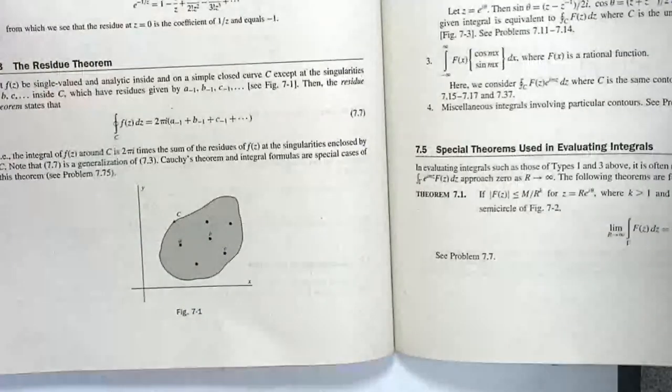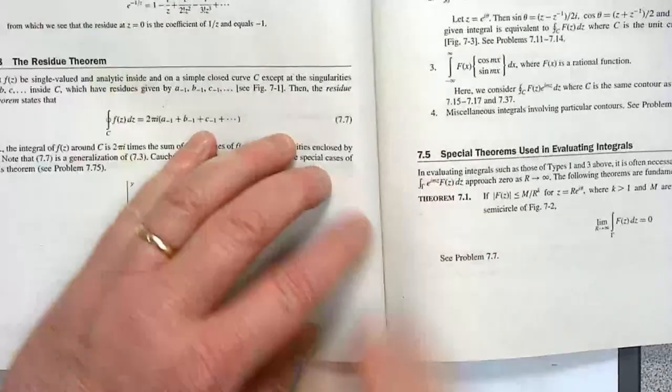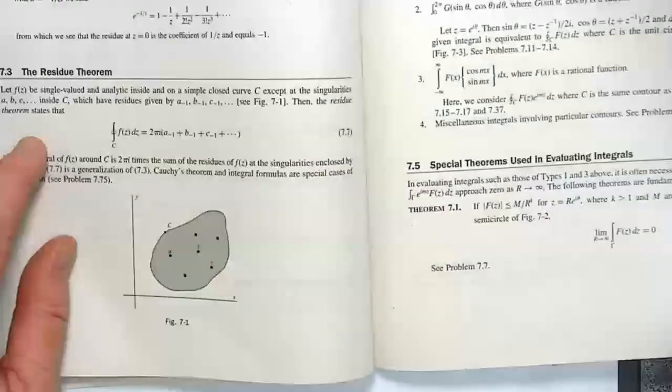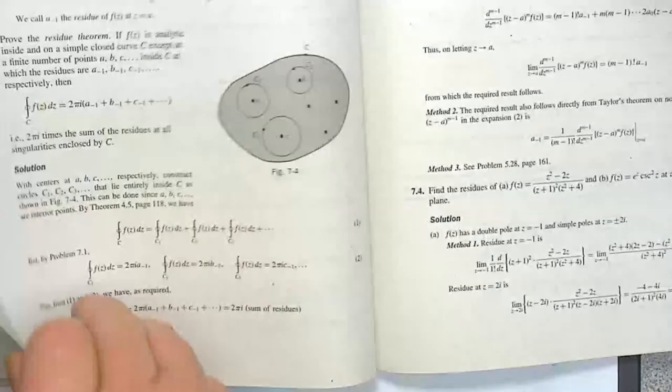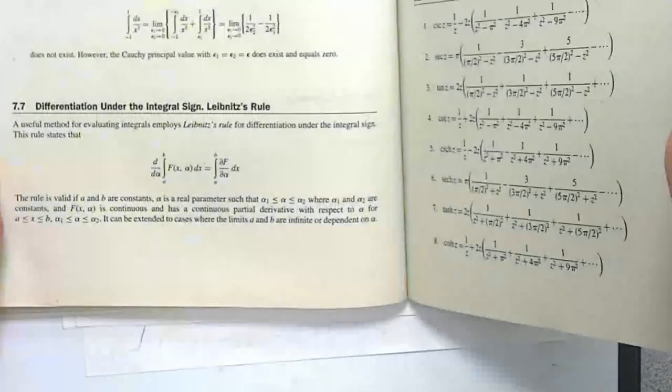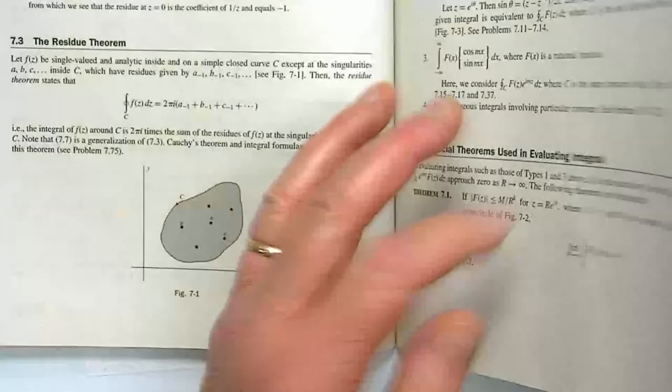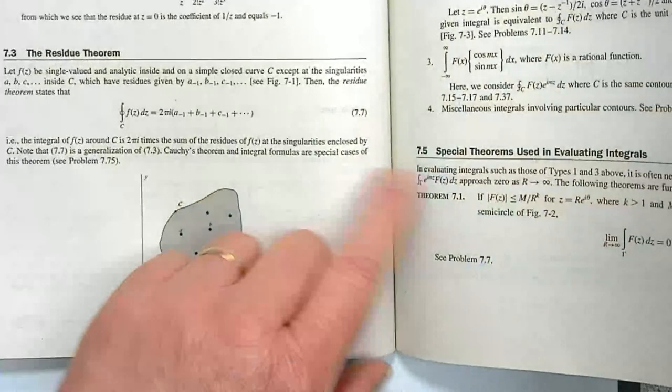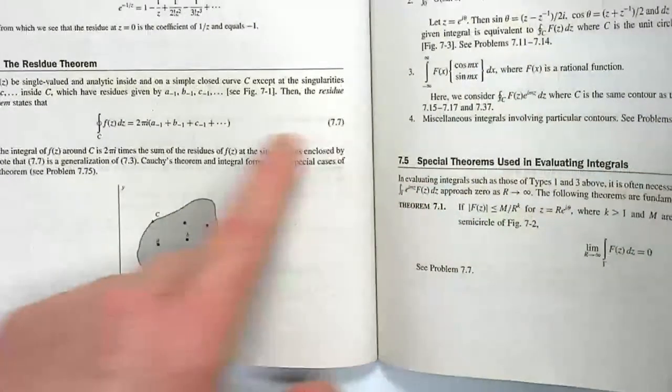Yeah. So 7.7, they must be signifying. Oh, this is I guess 7.3. 7.7, let's just remind ourselves what that was. Okay. Oh, no, they're talking about the equation 7.7.